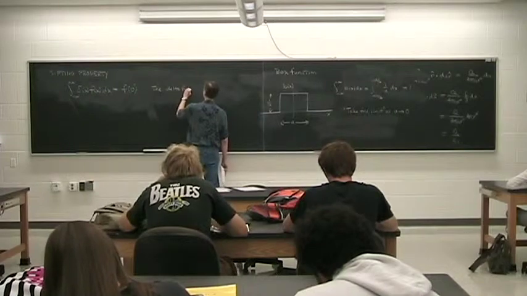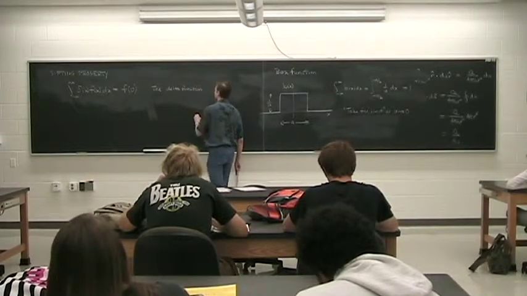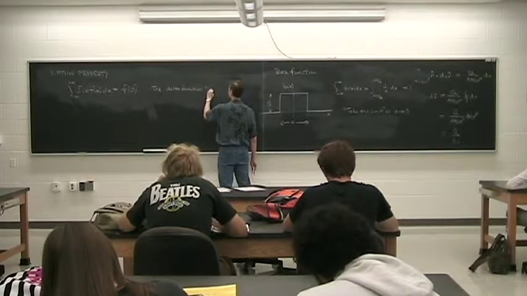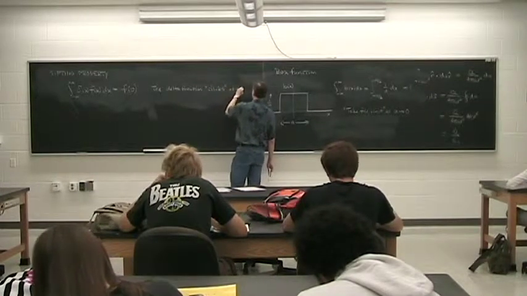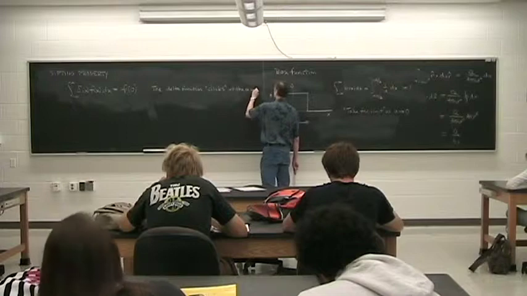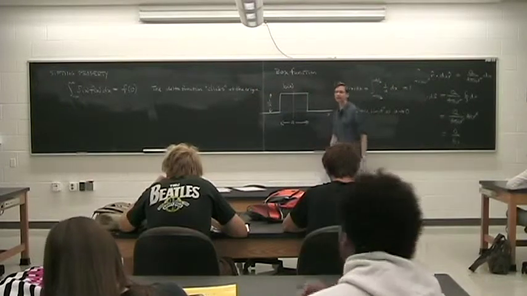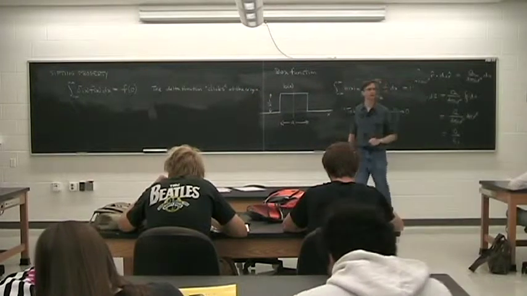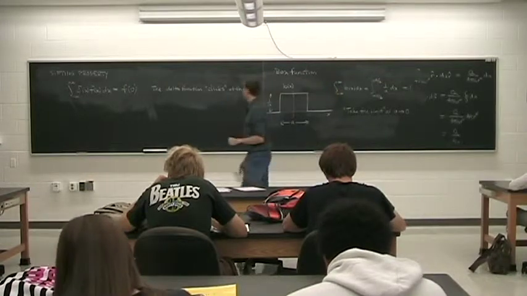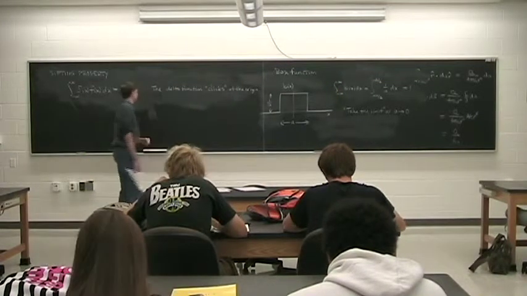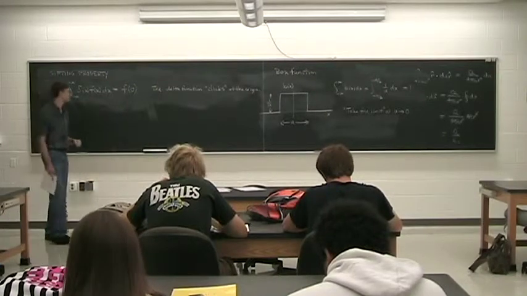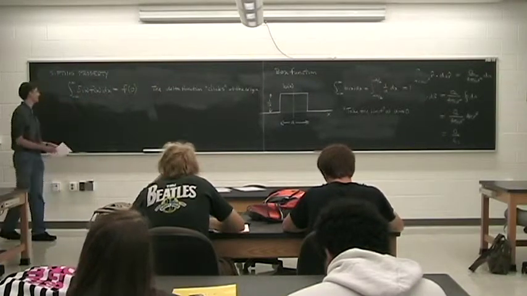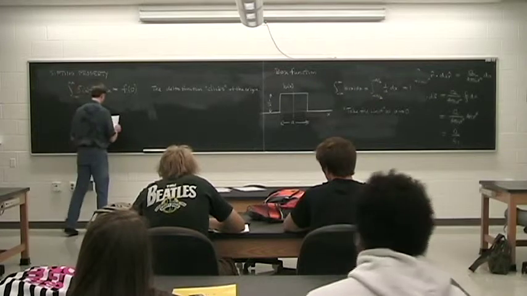And the way we often describe the sifting property is to say that the delta function clicks at the origin. It clicks and picks out the value of f at the origin. I don't know who came up with that particular description of it, but it's kind of cute. So the delta function clicks and picks out the value of the function at the origin.